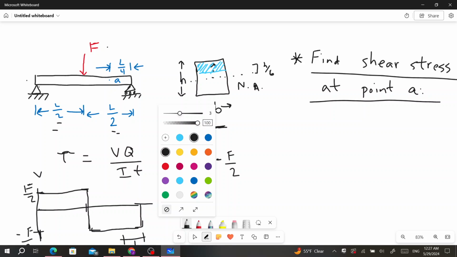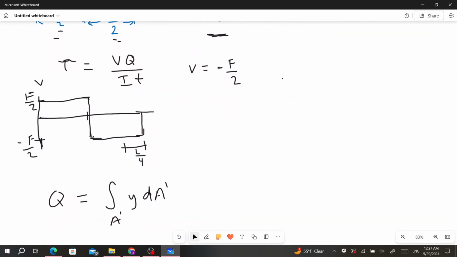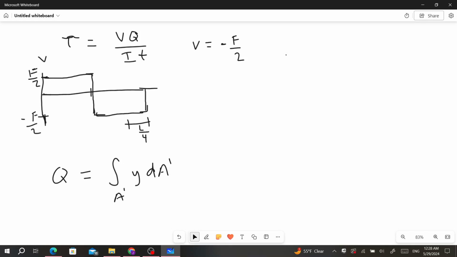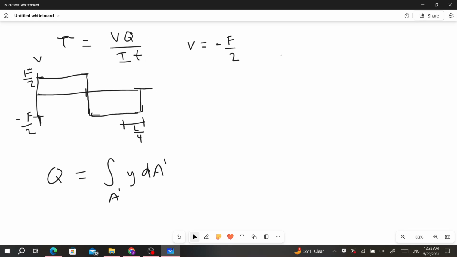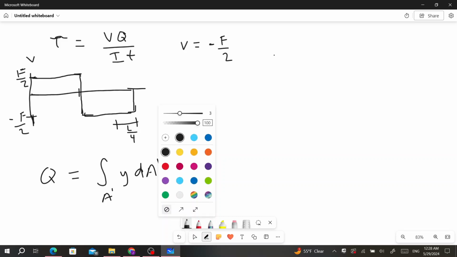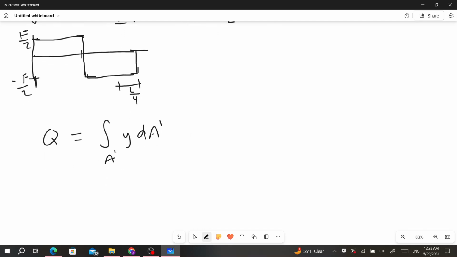For us, we know that we're at h/6. So between h/6 and h/2 is that area that we're trying to find. We could do that fairly simply just by looking at the geometry, but let's go ahead and use an integral just to get practice for more complex situations.